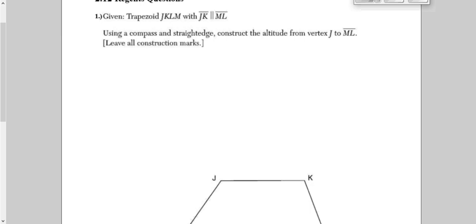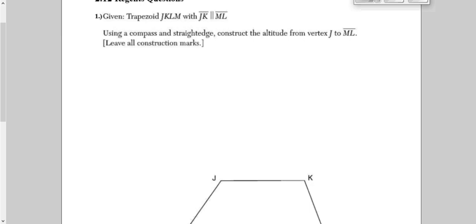So what construction do we need to do for this one, guys? Angle bisector? Jordan, come on. Perpendicular line. Well, it's going to be one of the ones perpendicular to a line. Which one of the ones we did today? Perpendicular from a point not on the line, right?